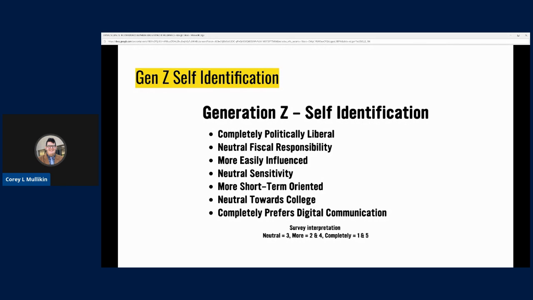COVID has made this stuff blow up. And of those 91% that said they had some kind of physical or emotional symptom due to stress, only 37% seek counseling. These generations have really grown to see dark times. There's been the most school shootings.